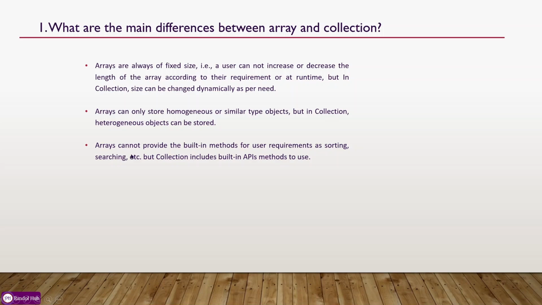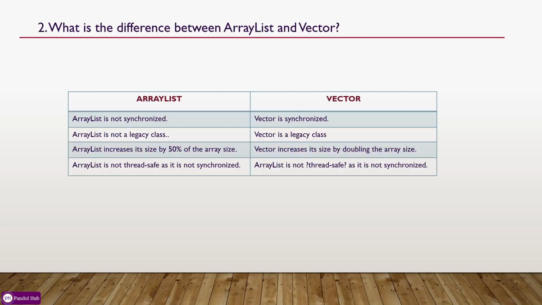When you declare an array, you don't have any built-in functions except for length and some basic things. But a collection itself has built-in APIs for sorting, for getting an element, and a lot of built-in methods to access or perform manipulations on the objects present in any collection.